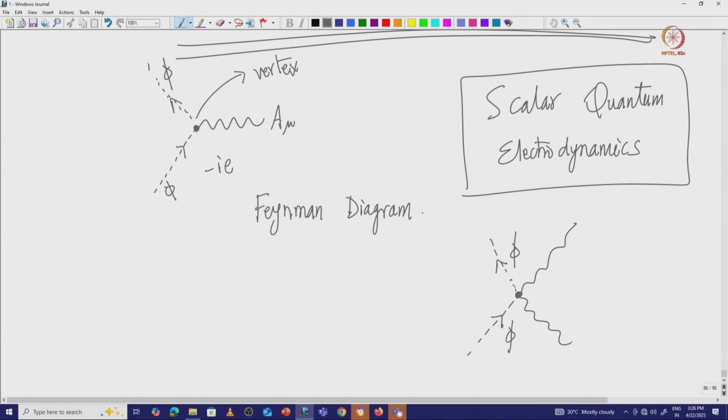It is higher order in field theory. It has a coupling e square, higher order in the electric charge, so it is next order in perturbation theory.